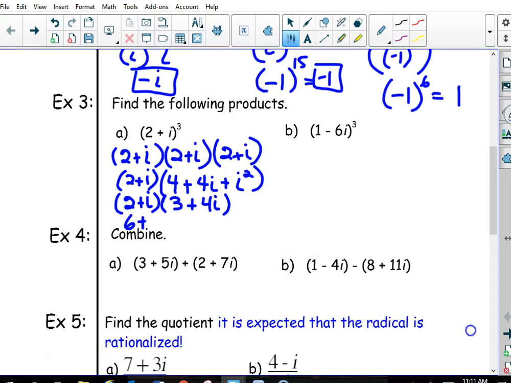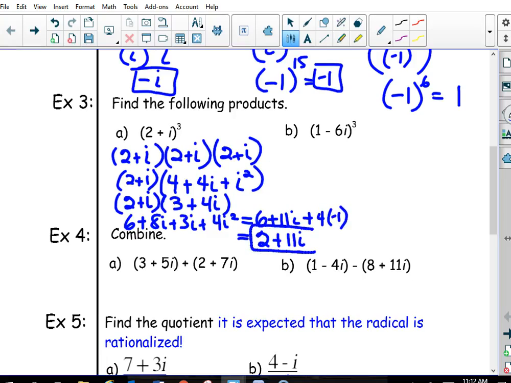I get an 8i plus another 3i plus 4i squared. That's going to go to 6 plus 11i plus 4 times negative 1. So ultimately that will go to 6 minus 4, or 2 plus 11i.